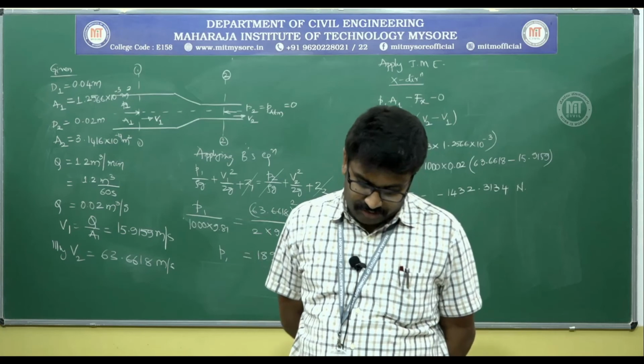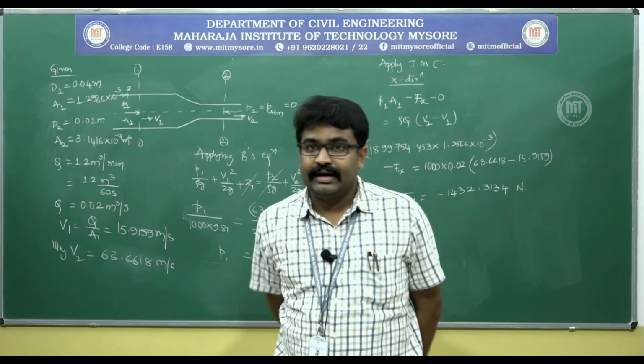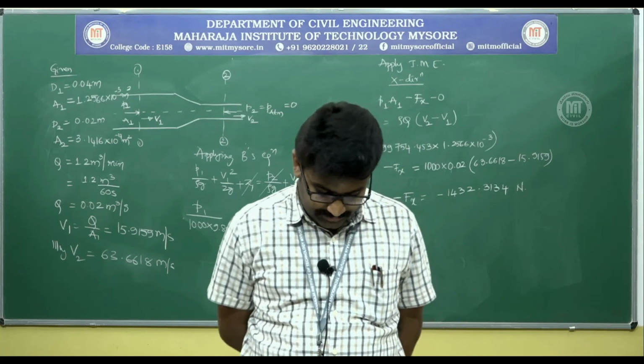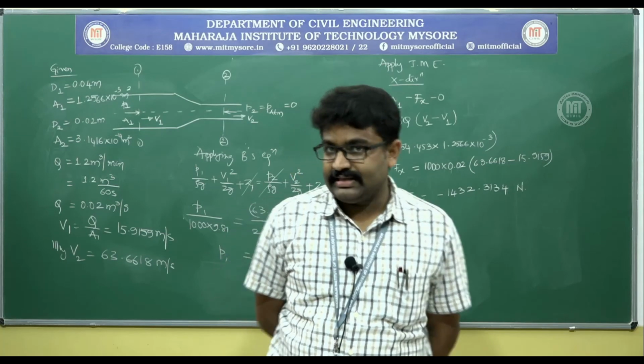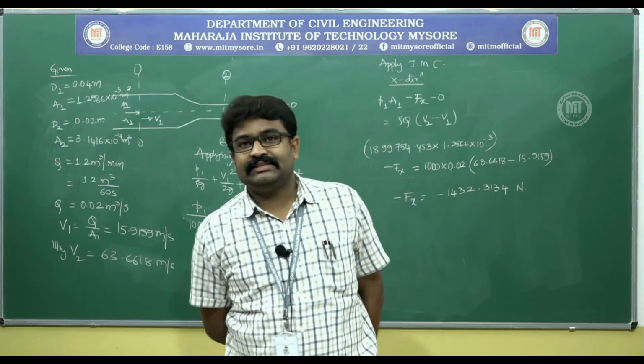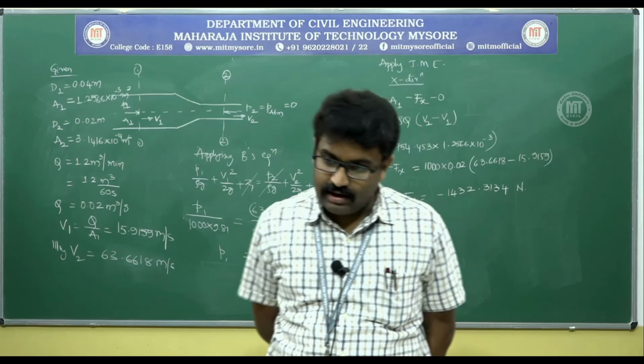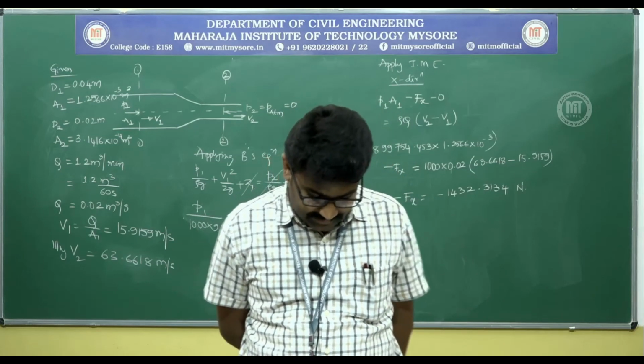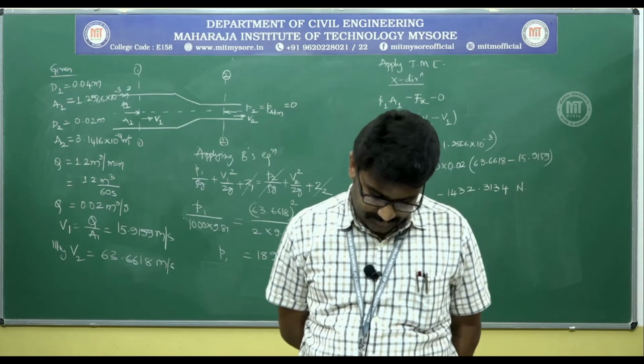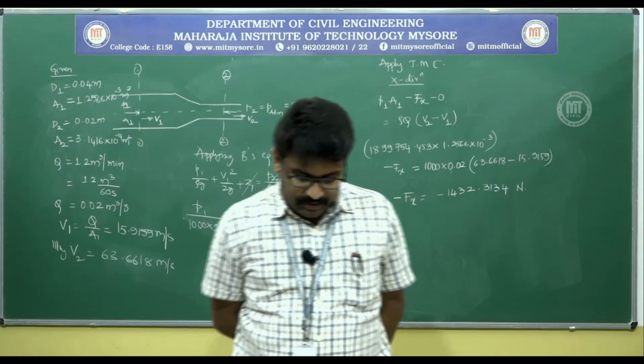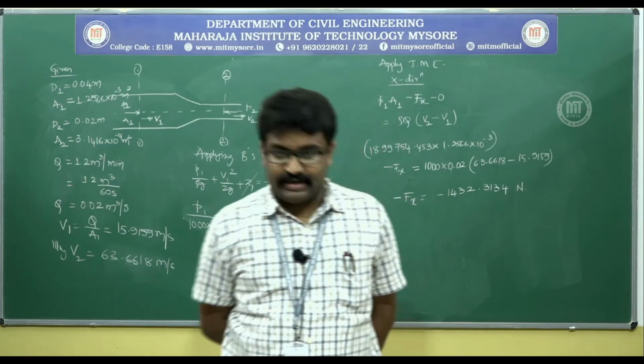And rate of flow of water through the pipe is 600 liter per second or 600 LPS. Full stop. Find the intensity of pressure.